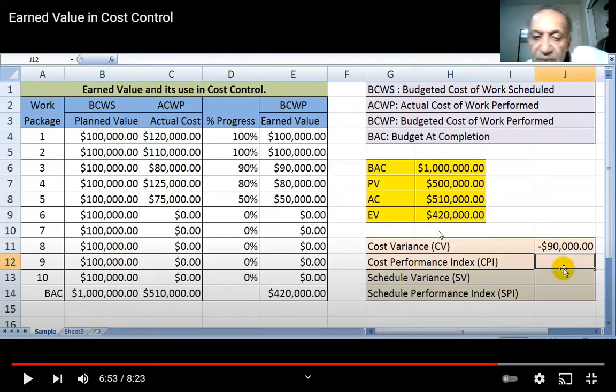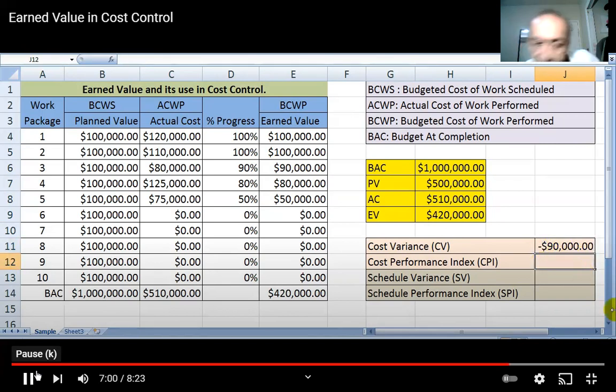So the variance will be 420 minus 510, negative. Why negative? That means you spent more than the limit, more than what you were supposed to spend. If the performance is bad, the answer comes negative.